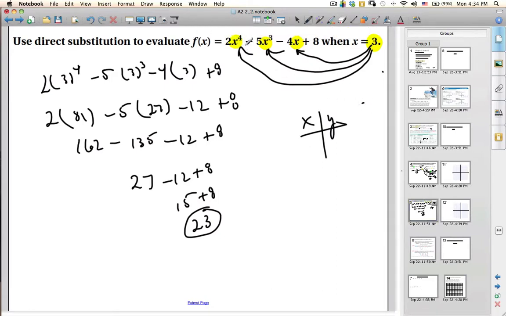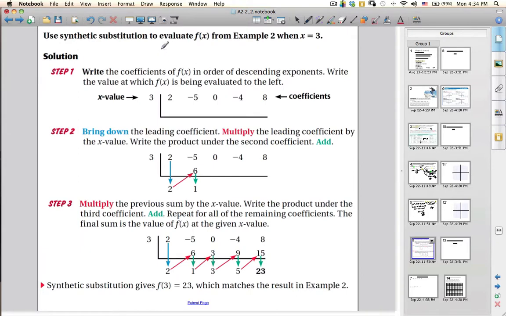It was 2x to the fourth minus 5x cubed minus 4x plus 8. So let's go back and write that in. 2x to the fourth minus 5x cubed minus 4x plus 8.